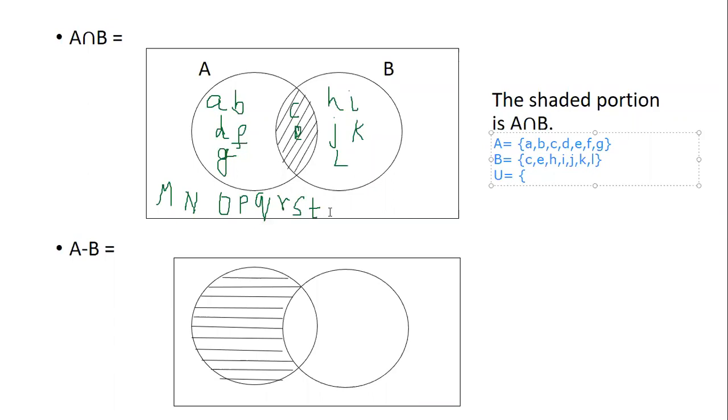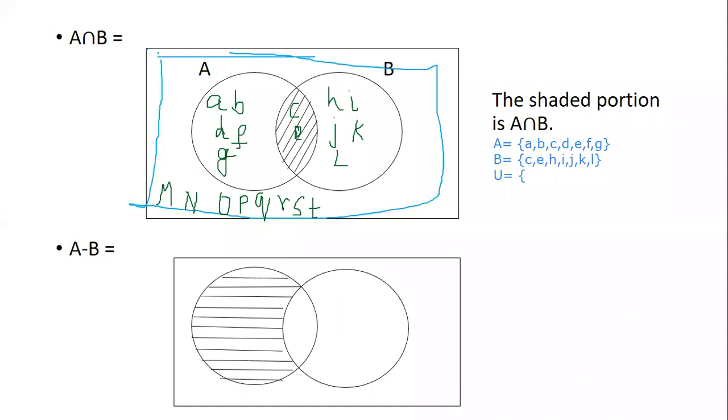What is the universal set? Okay. Now what I told you is that whatever is inside this box, everything is the universal set. Now when I say whatever is inside the box, it means set A and set B are also inside the box. Correct?